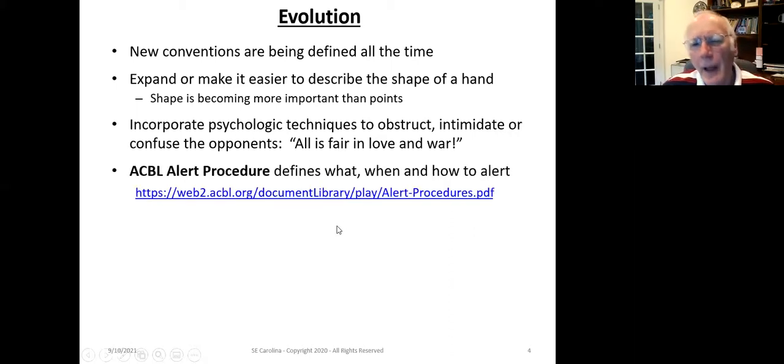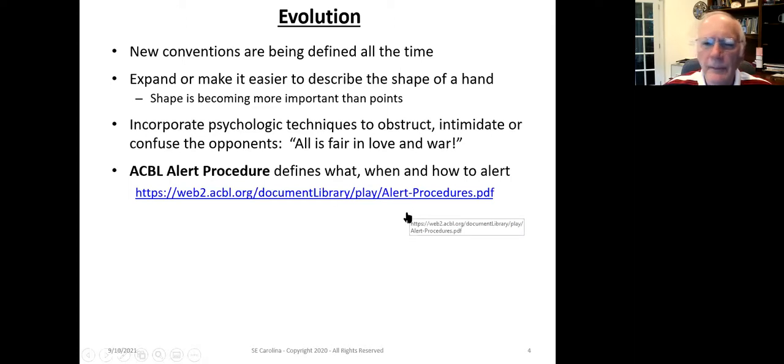Okay, now the alerts as relates to conventions are also an important part of the rules of the game: what you alert, when you alert, how you alert. These are laid out in detail in the ACBL alert procedure. This is the internet link to the document that describes that procedure.